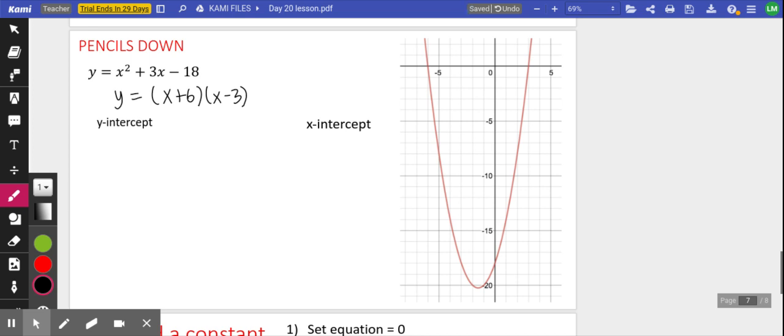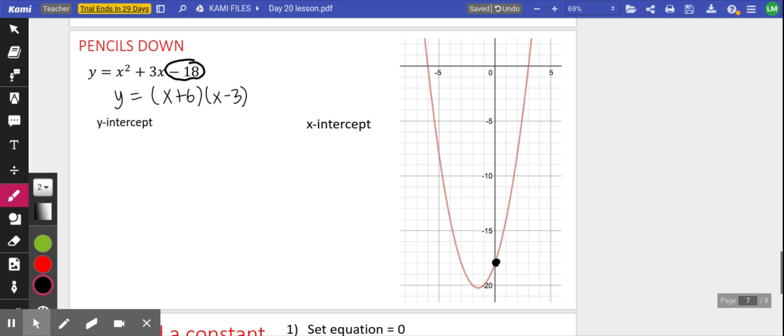Okay. I want you to take a look at the graph and see, where do you see these points? X plus 6, x minus 3. Well, first of all, I have my y-intercept. We're pretty familiar with y-intercepts. And my y-intercept is negative 18. I see that right here.